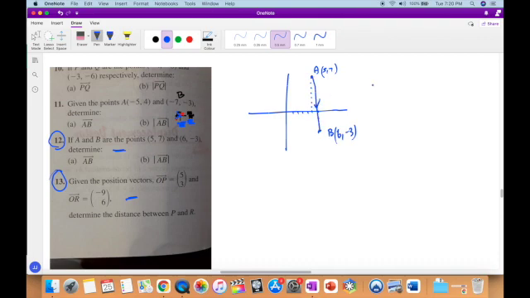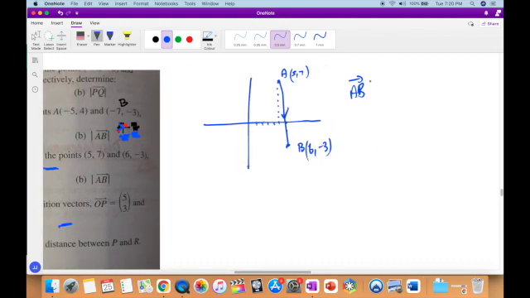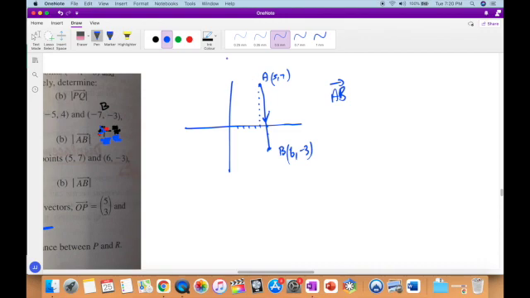So the vector AB, we can literally just look at it on the graph and see how much it goes horizontally. Well, the x value here is 5 and the x value here is 6. So it goes 1 space this way, a positive 1. But now let's look at the vertical direction.